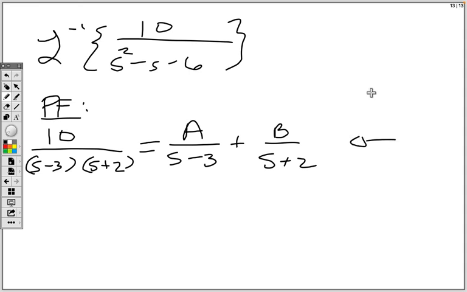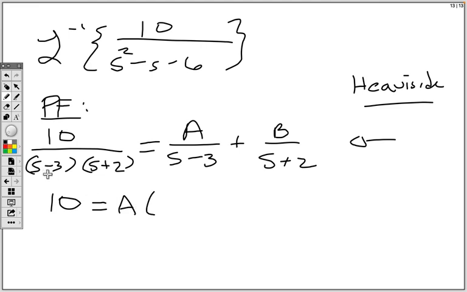At this point, you can use the Heaviside method that I mentioned in a video. You don't have to, though. Heaviside works in particular cases, but not all cases. The way you probably learned to do this is you multiply both sides by the denominator.